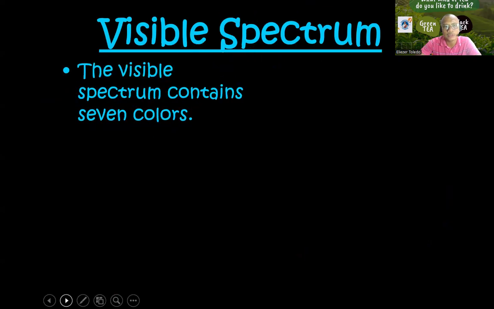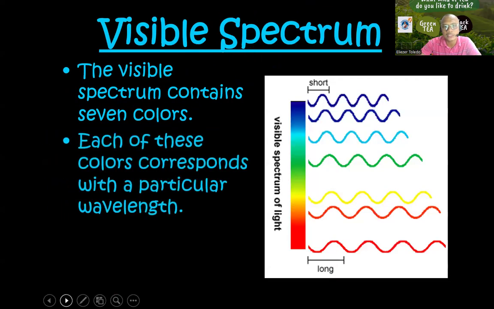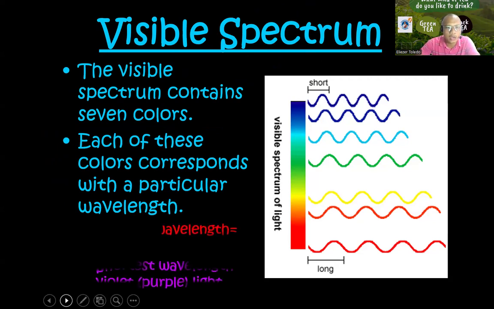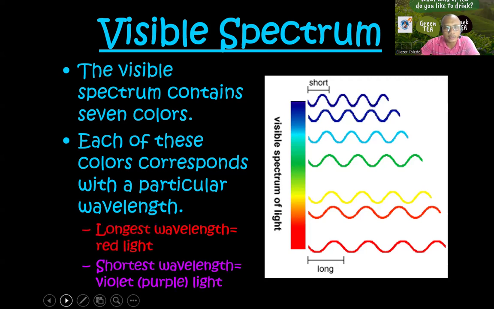The visible spectrum contains seven colors, each with a particular wavelength. And you talk about X-rays, these are wavelengths of light that can penetrate our body. Longest, shortest.